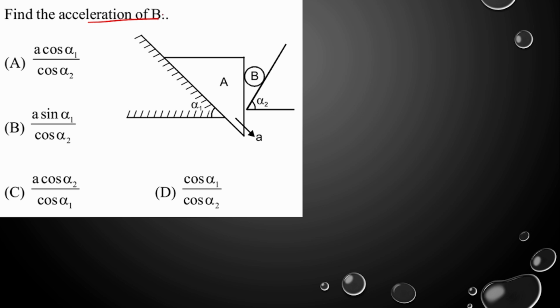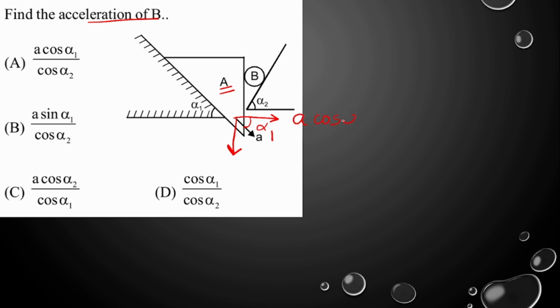Acceleration of this wedge A. Okay. So here we have two components, horizontal, and this surface is making angle alpha, so this is again angle alpha 1. So this is a cos alpha 1 and this is a cos alpha 2.